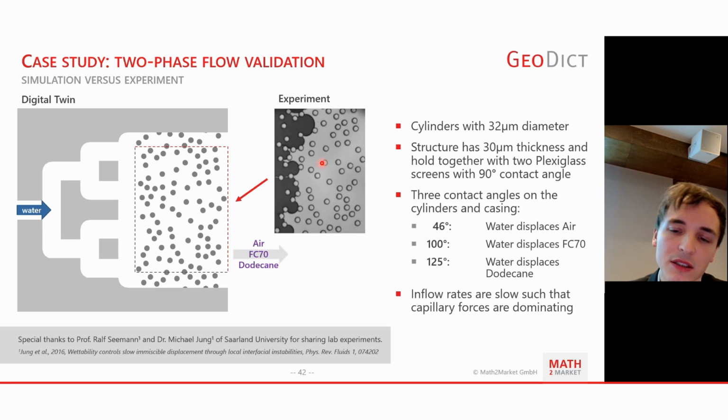And these cylinders were held together by plexiglass screens with a 90 degrees contact angle. During the experiment, we had different kinds of fluids entering the structure with different contact angles, namely 46 degrees, 100 degrees, and the non-wetting 125 degrees.